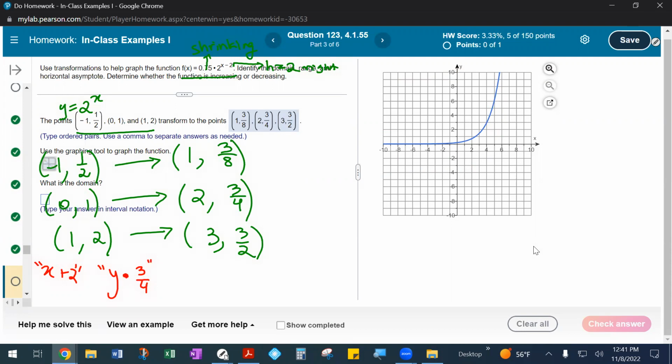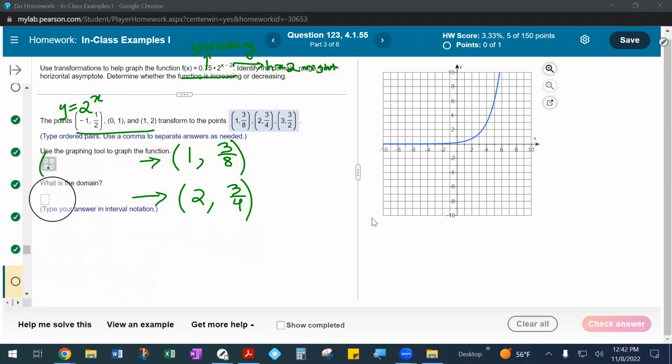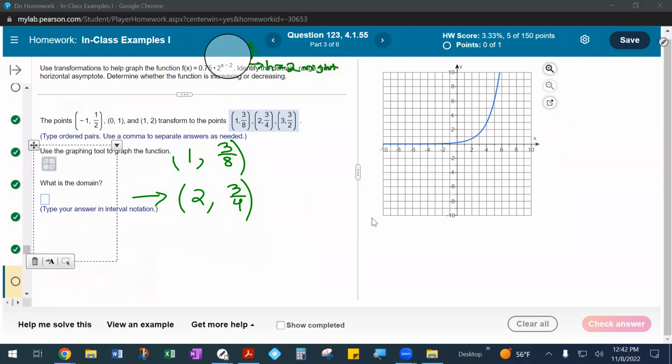Okay, we will need to erase this. What's the domain for this function? Very nice. So the domain really did not change.